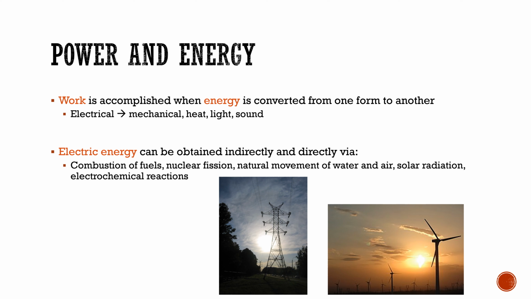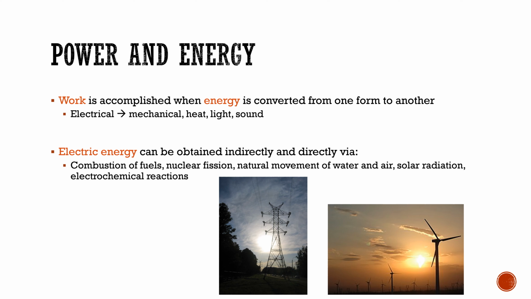Electric energy can be obtained indirectly and directly via combustion of fuels, such as from fossil fuel or coal-burning power plants, and nuclear fission, which we have heard of through nuclear power plants.